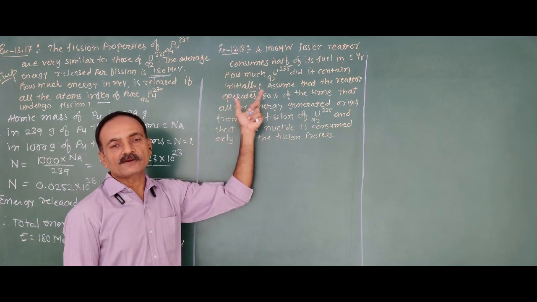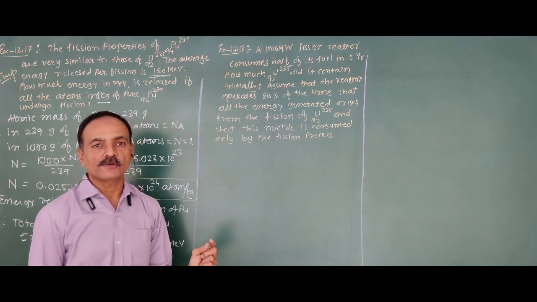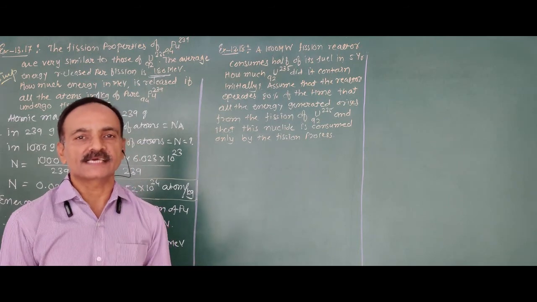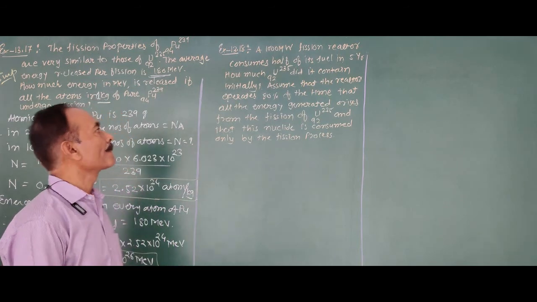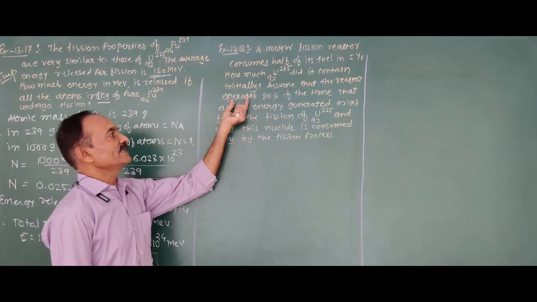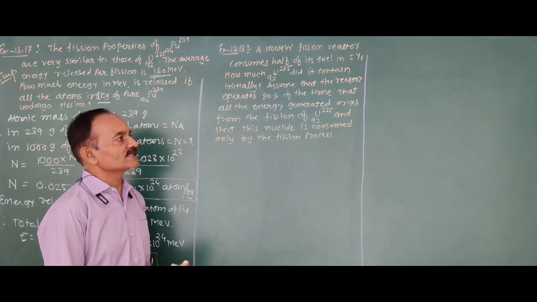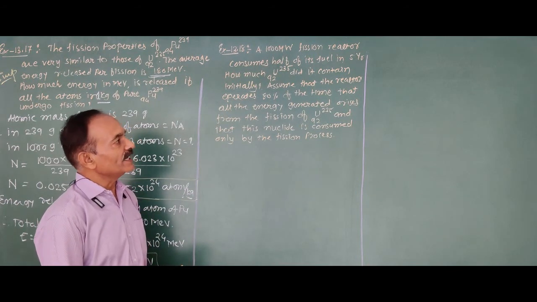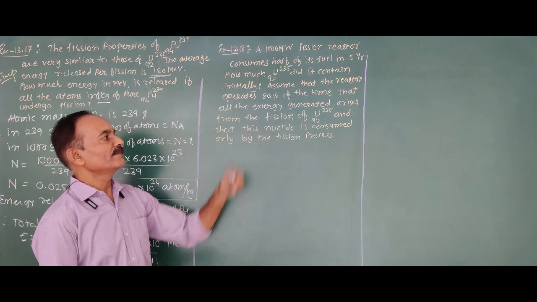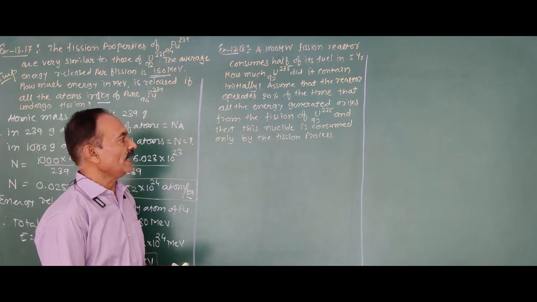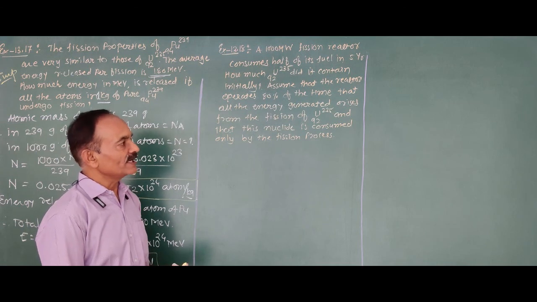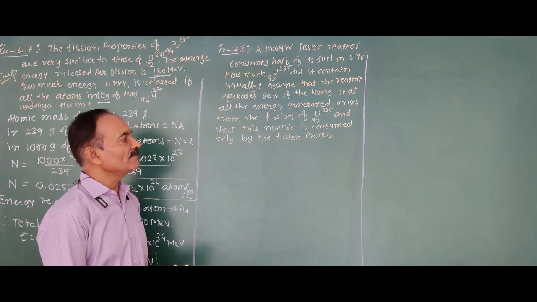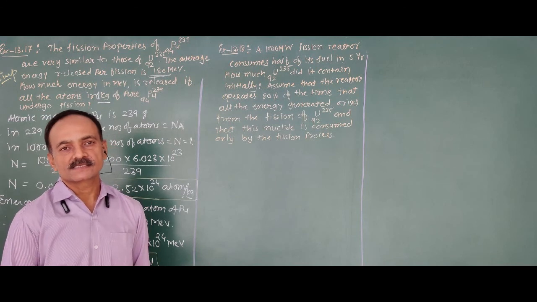So we have to find out how much quantity of uranium was there initially. Now assume that the reactor operates 80% of the time, that all the energy generated arises from the fission of uranium-92-235, and that these nuclei are consumed only by the fission process.